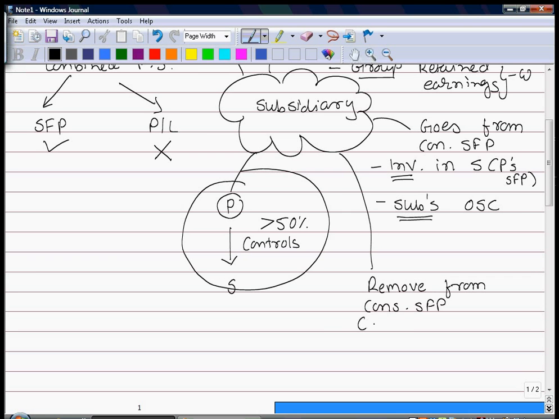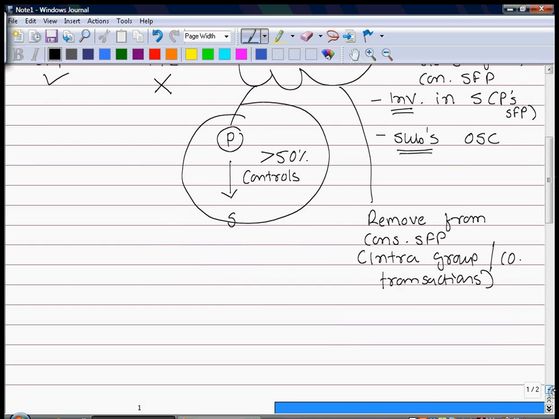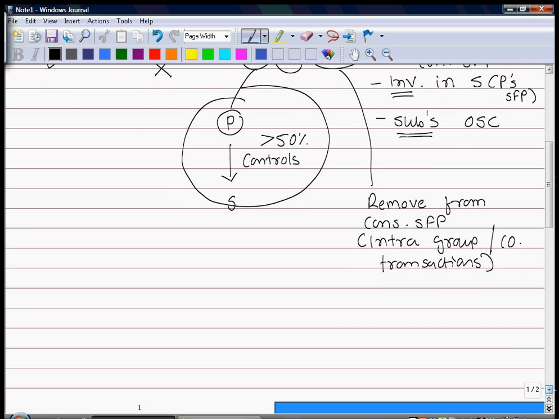Okay, I'm mainly talking about any intra-group or intra-company transactions. Now, according to IAS, we are not allowed to include or keep any intra-company transactions in the consolidated statement of financial position. Intra-company transactions means where the parent has sold goods to the subsidiary or the subsidiary owes money to the parent. Those kind of transactions are called intra-group transactions.